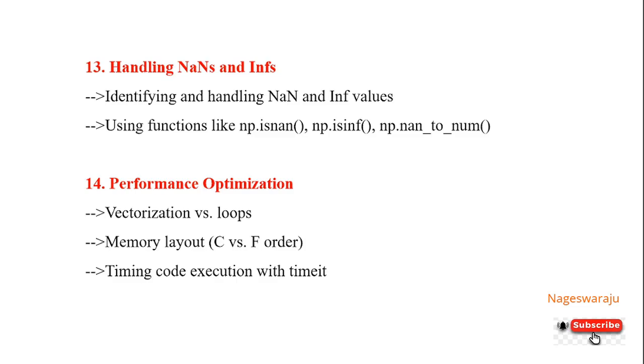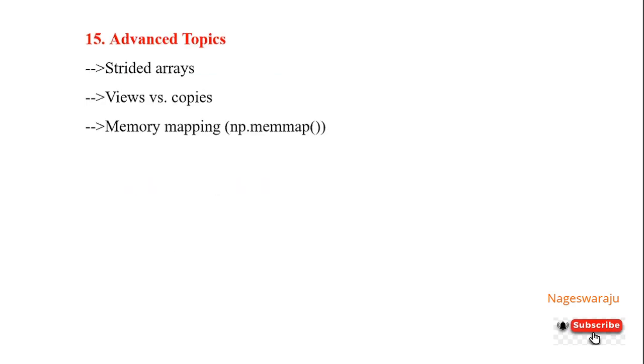I will show you these practical ways. Memory layout, C order versus F order. Next, timing code execution with a timer. Advanced topics are stride arrays, views versus copies, and memory mapping. These are the advanced versions. I will show you practically.